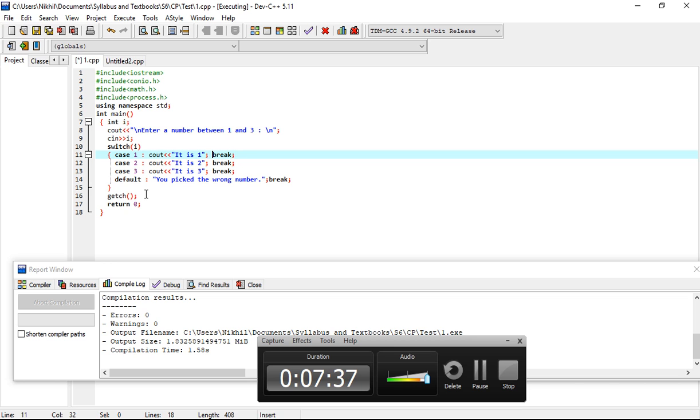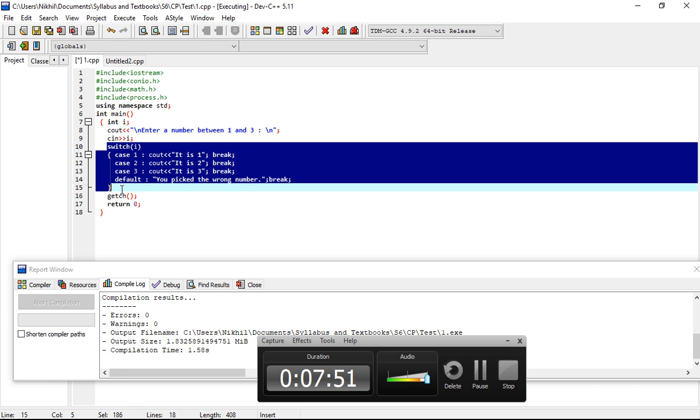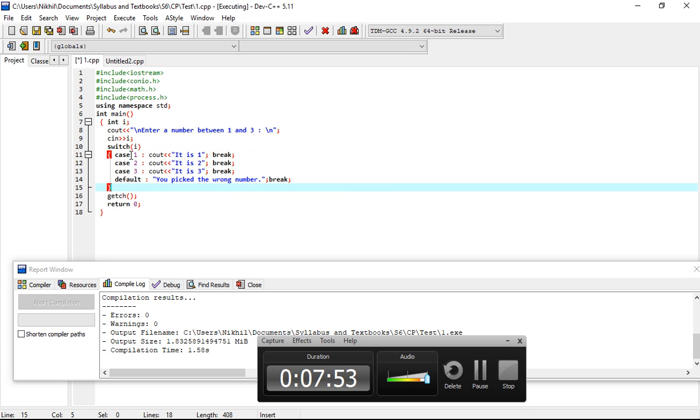The third, we had the goto, which orders C++ to go to the label or whatever point we have asked C++ to go to. And the fourth one, we have break, which is a very important key component of switch. And switch is used in place of nested or repetitive and redundant if-else statements.